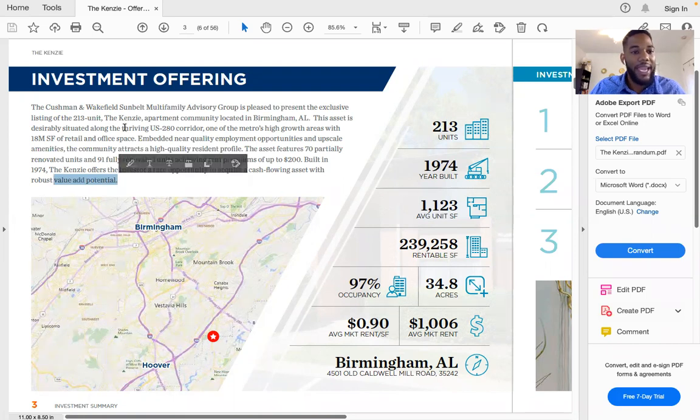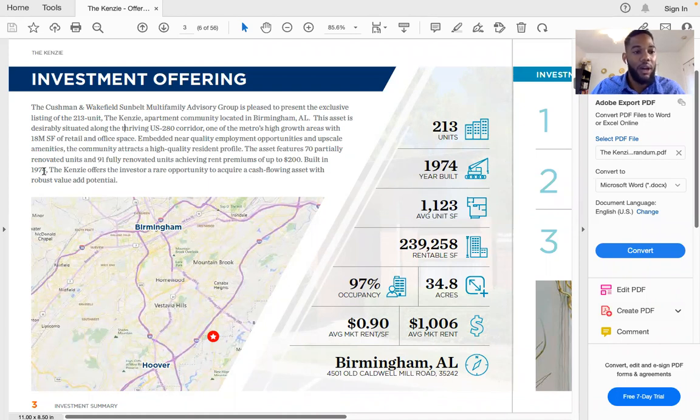And then also the location, right? They're highlighting that this is desirably situated along the US 280 corridor. I'm from Birmingham, and this would be considered an A-class area, guys. This is a really affluent area, the 280 corridor. So the broker is trying to focus in on location and the value add on this property, because this is a 1974 vintage.